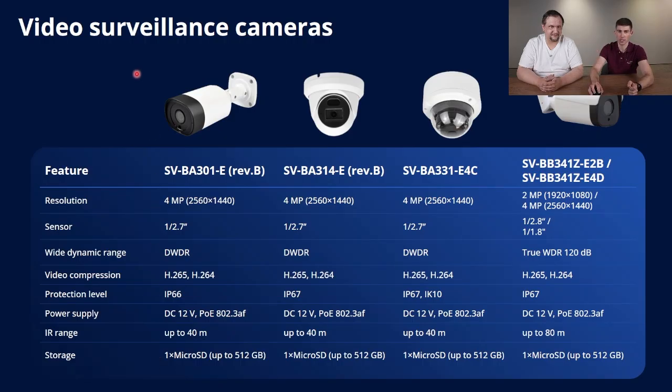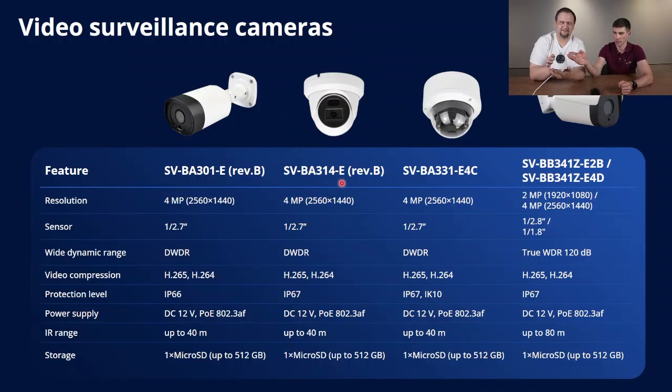So we started with the most common, the cylindrical and the turret type cameras. We actually have a turret camera right here with us. Dmitry will show you. The models that we introduced initially were the SVBA 301 and SVBA 314.